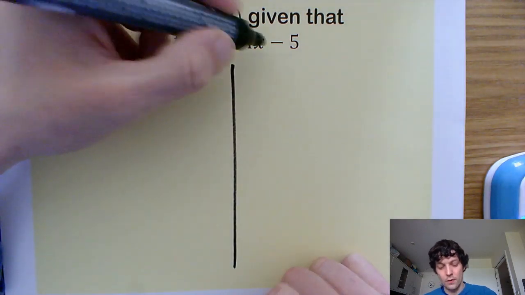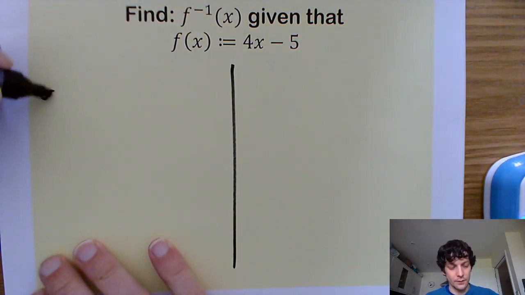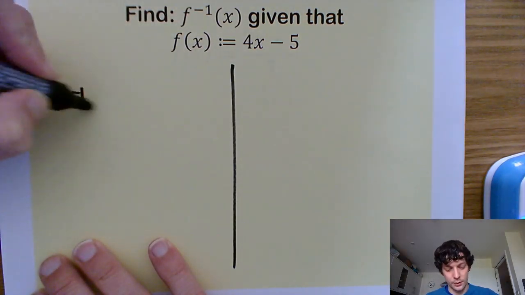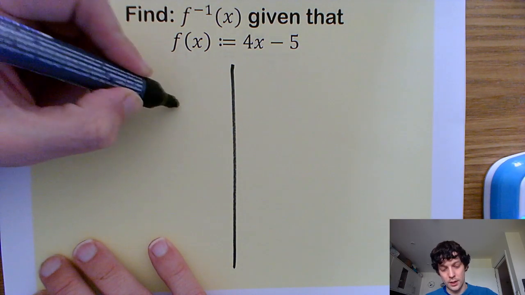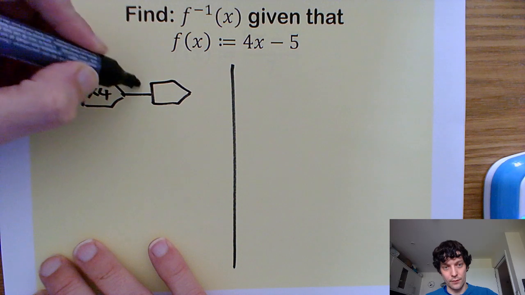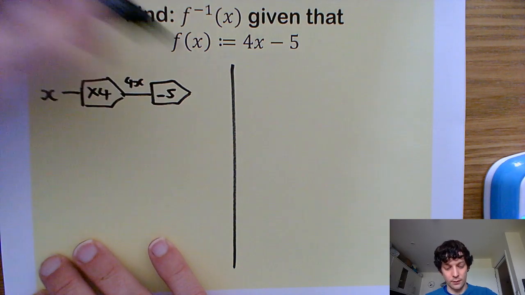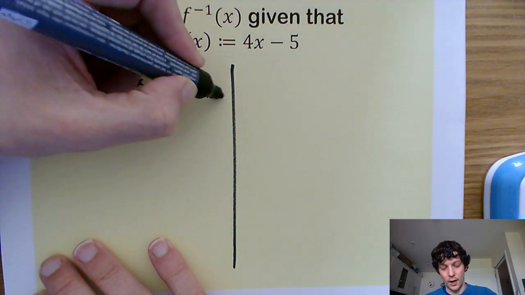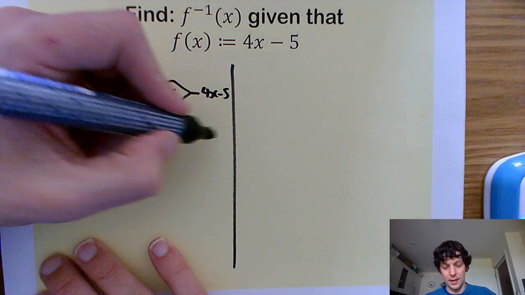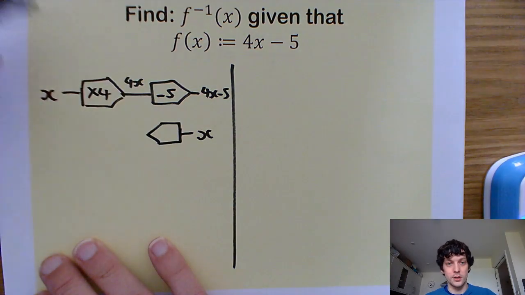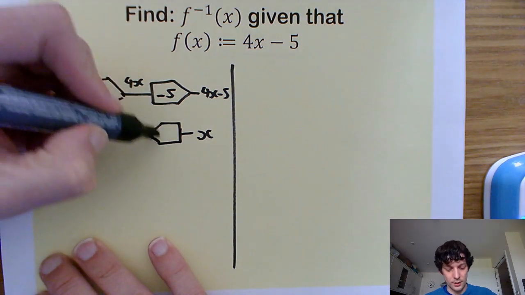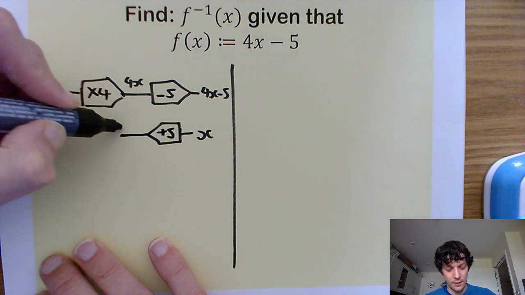So first one, nice simple function. We've got 4x minus 5. So if I started off with my x, what's happening to that? It's being multiplied by 4. So I get 4x, and then I'm subtracting 5 to get 4x minus 5. So to get my inverse function, I'm going to do the opposite operations in the opposite order. Instead of subtracting 5, I'm adding 5.